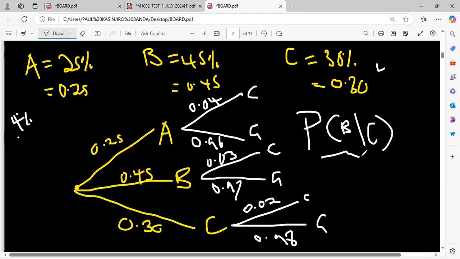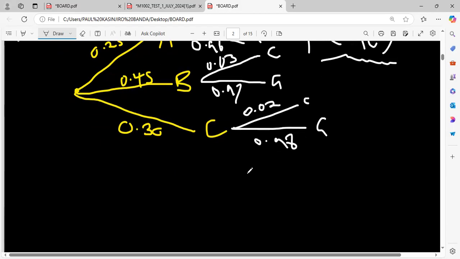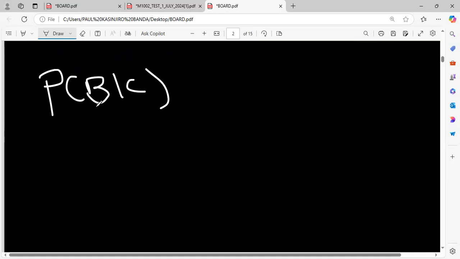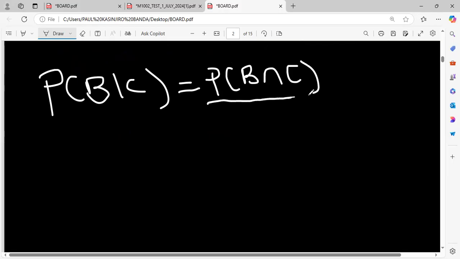So you have to know the definition of this, or how to interpret it. If you have the probability of B given C, the probability of it coming from lab B given that it is contaminated, this is the same as the probability of B intersection C, divided by the probability of C, which is just the probability of it being contaminated.